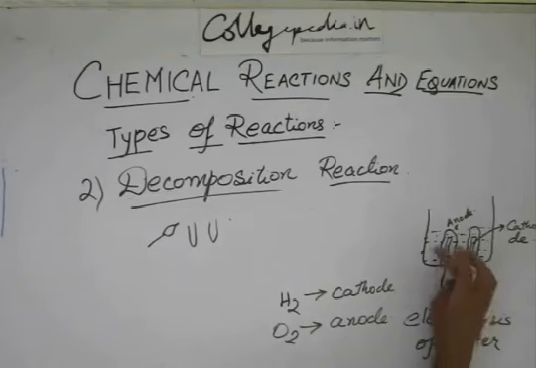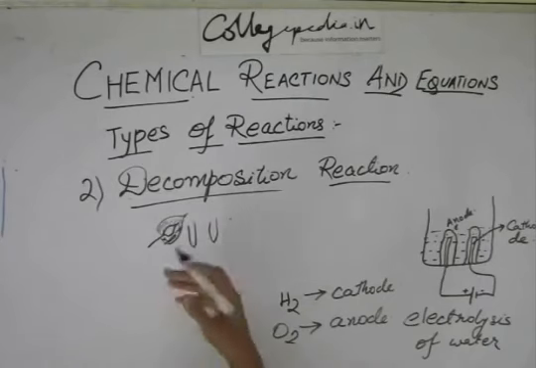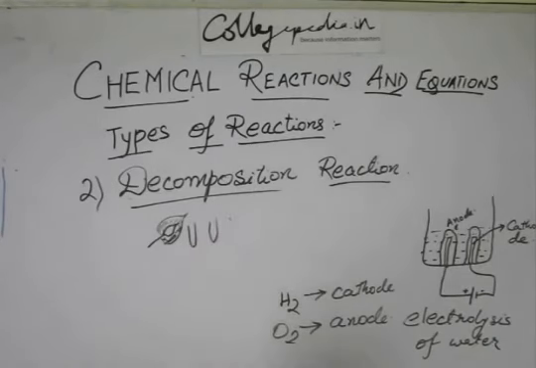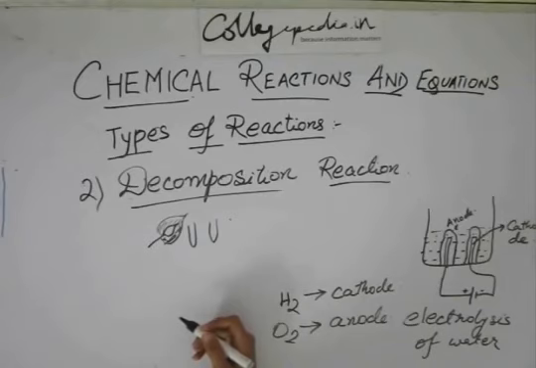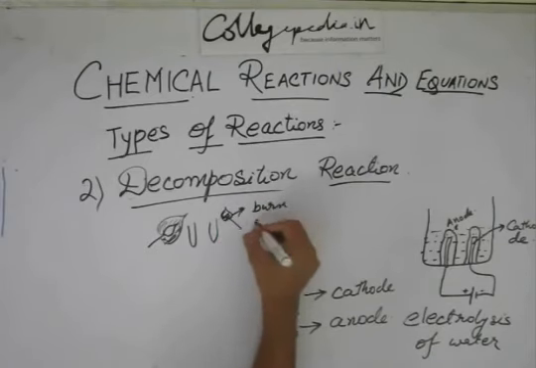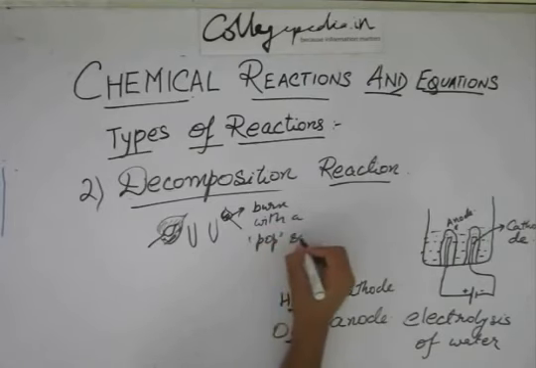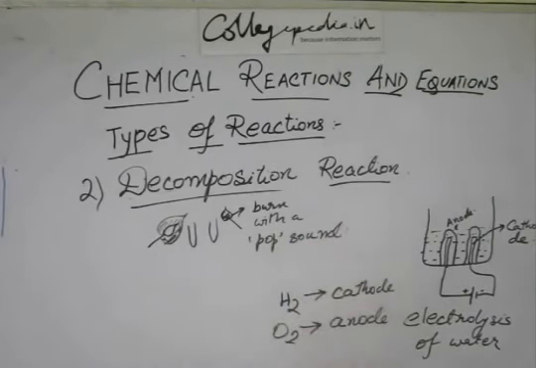You'll see that the anode test tube contains oxygen, and when you bring this near the anode test tube, it will start burning more strongly, because oxygen is a supporter of burning. That is why. And when you bring this near hydrogen, it will burn with a pop sound, and that pop sound will confirm that it's hydrogen.